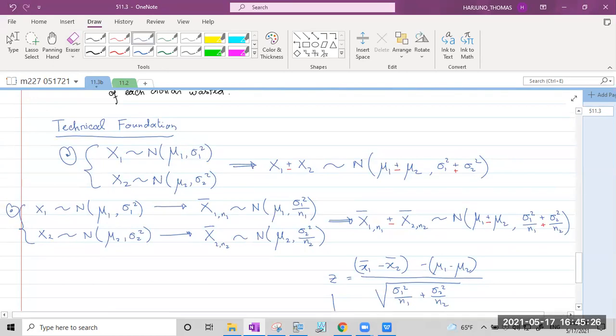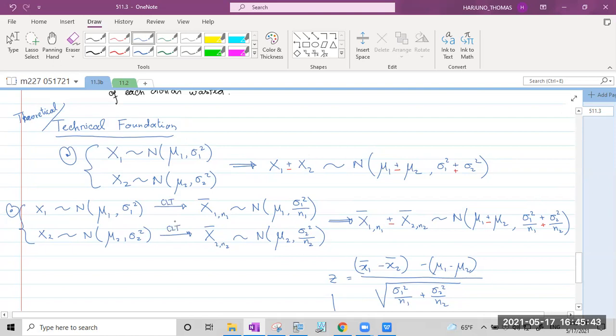Okay, let me use theoretical foundation. Basically, what happened here is we apply the central limit theorem.